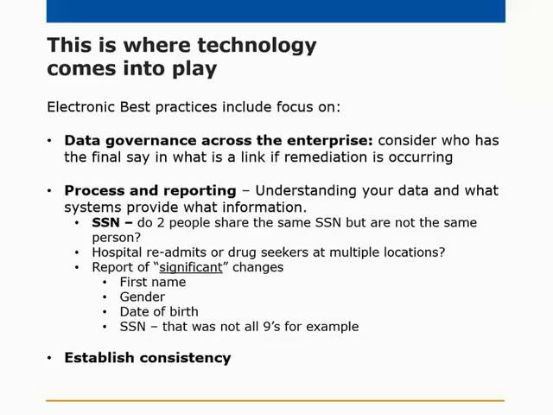So technology can really help us with a lot of this. We've talked about some of the things that we can do that use technology but don't rely on it completely to really help bridge that gap. And data governance across the enterprise is, of course, one of the things that is really a best practice. So who has the final say?